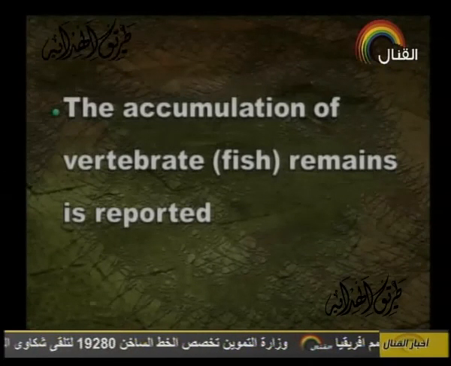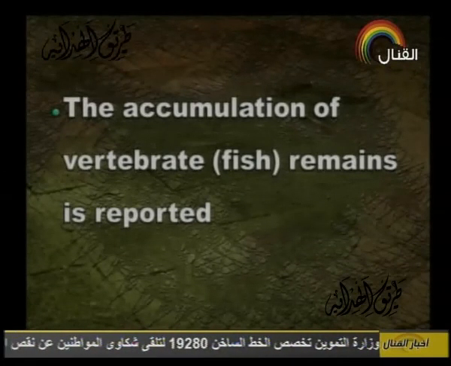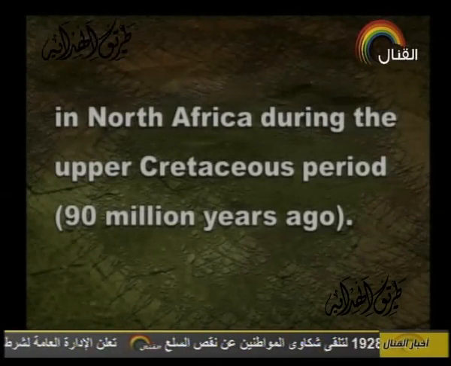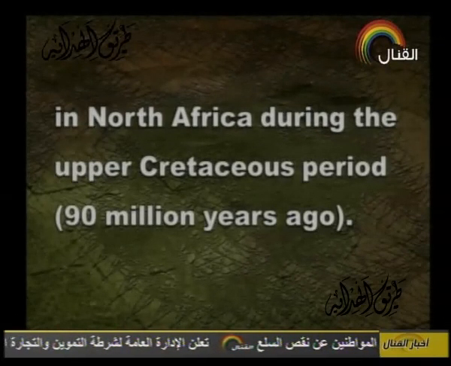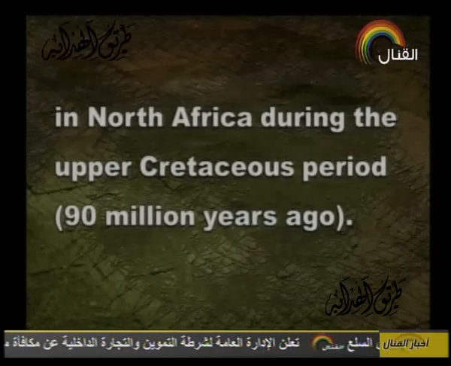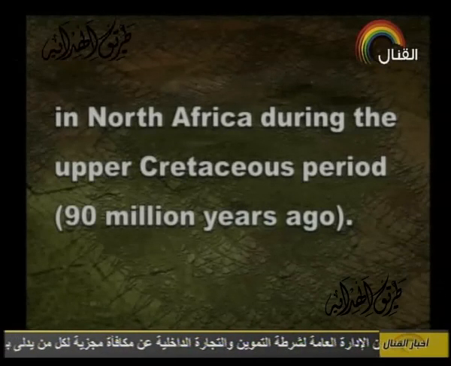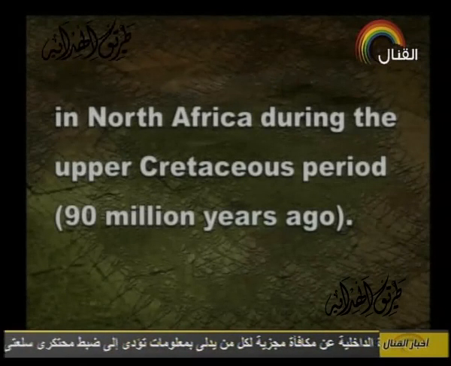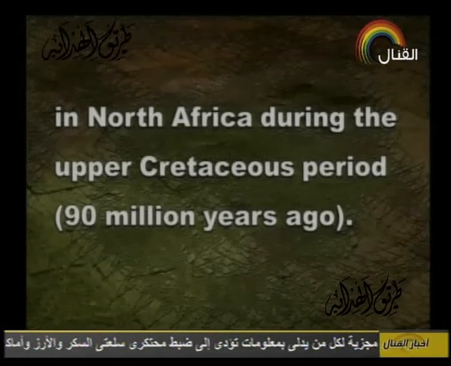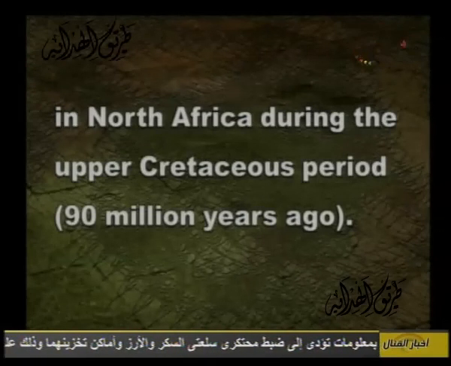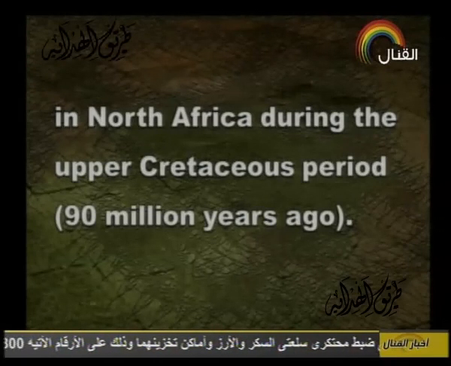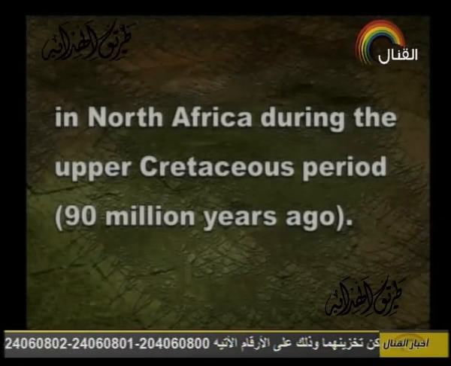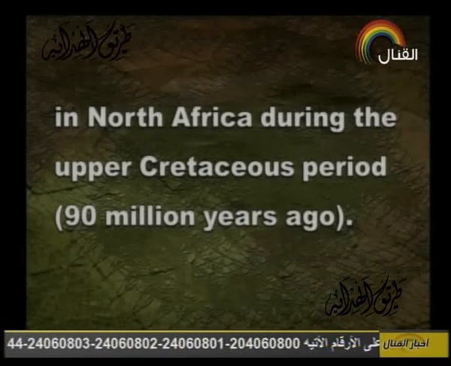The accumulation also of vertebrates, fish remains, is reported in North Africa during the Upper Cretaceous period, 90 million years ago. As you see, my dear students, we're talking about specific environments in the past that laid down specific deposits such as coal seams, and now phosphates and even rock salt.